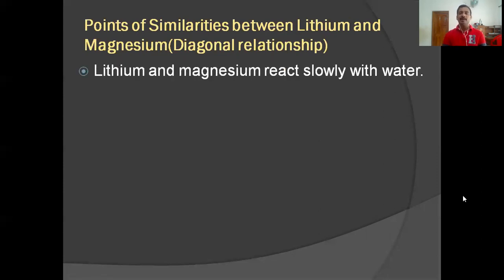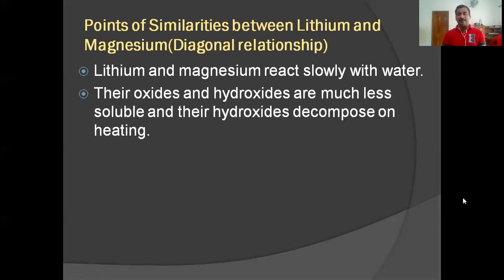Lithium and magnesium react slowly with water, a very slow reaction, but other alkali metals react vigorously with water. Their oxides and hydroxides are much less soluble, and their hydroxides decompose on heating. Actually, sodium hydroxide, potassium hydroxide, rubidium or cesium hydroxide will not decompose on heating.